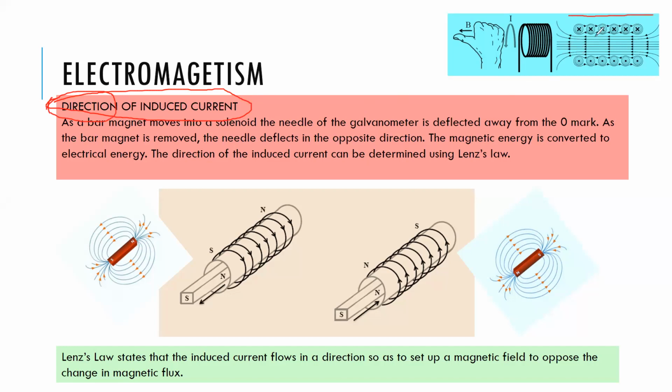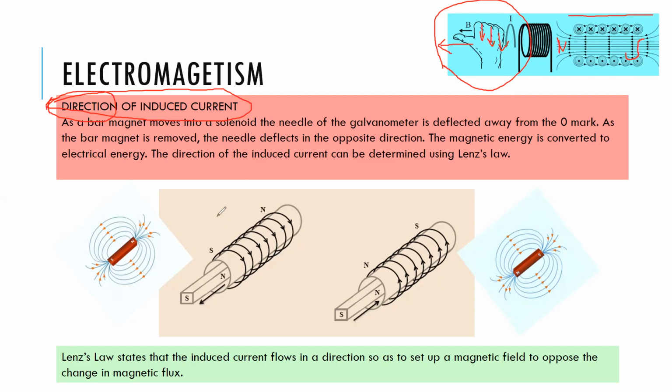Your other fingers show the direction of electric current, and your thumb shows you the north pole. This side is north, and this side is south. We are going to use this same right hand rule to identify the direction of induced current.